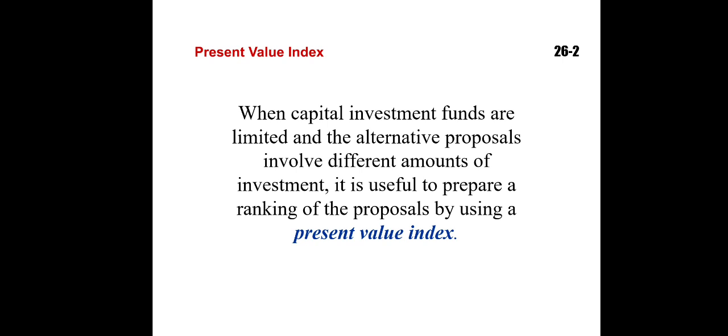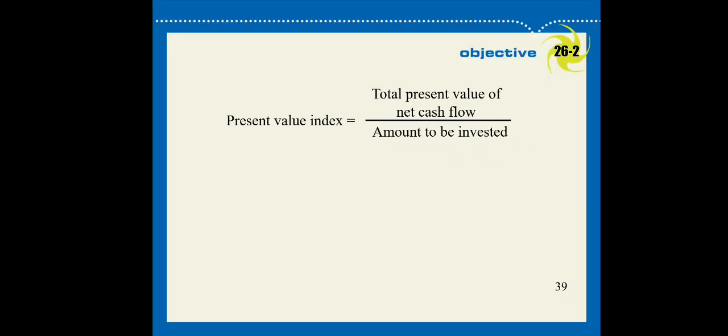So to choose the best investment, you can use the present value index. That is not difficult. The way to calculate the present value index is easy. The total present value of net cash flow divided by the amount to be invested.